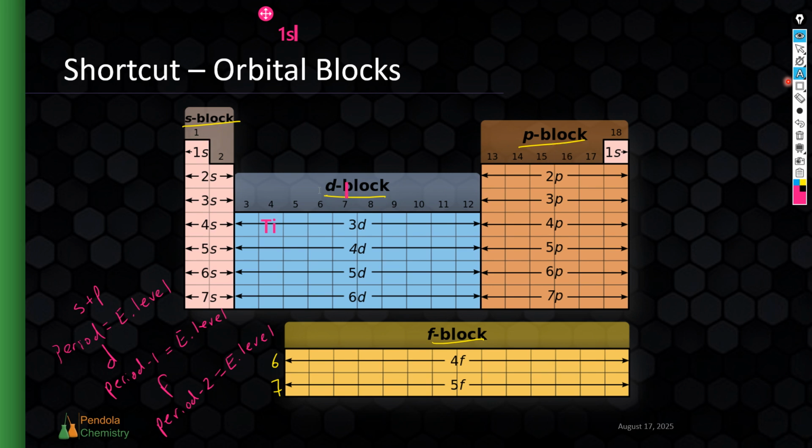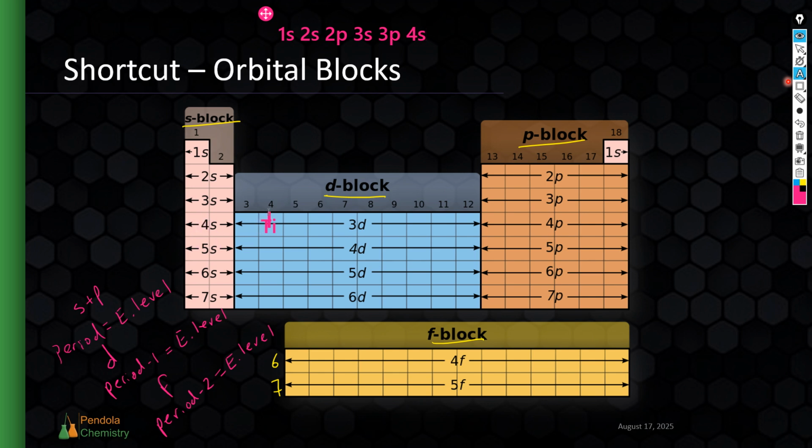After that is second period, S block, so 2s. Then it's second period, P block, so 2p. Then third period, S block, so we have 3s. Third period, P block, so we have 3p. Fourth period, S block, so that's 4s.